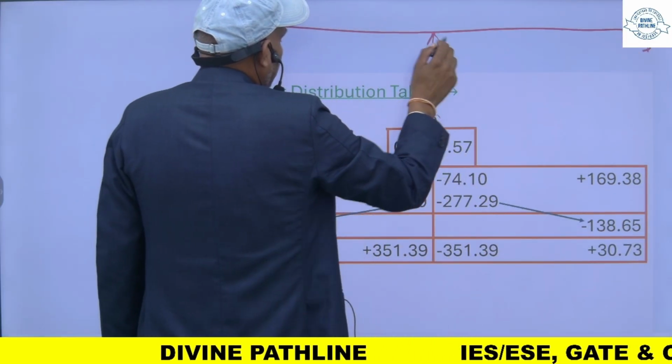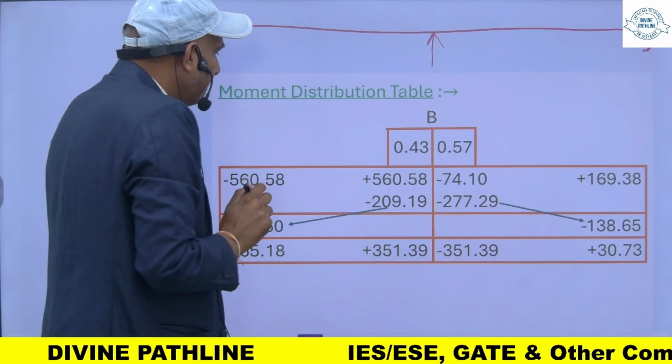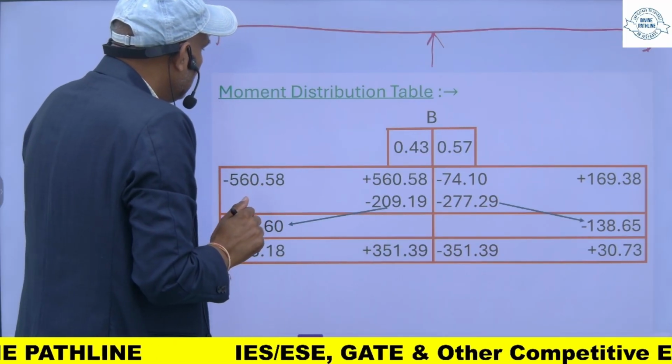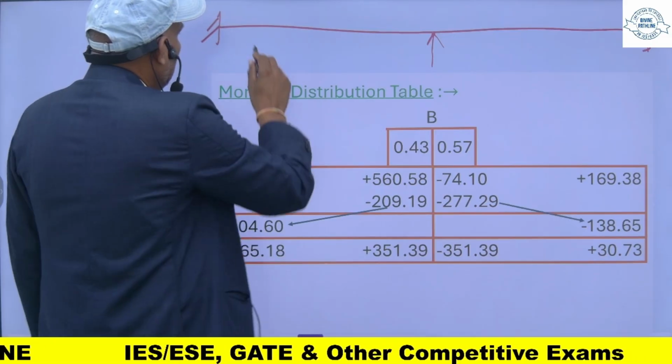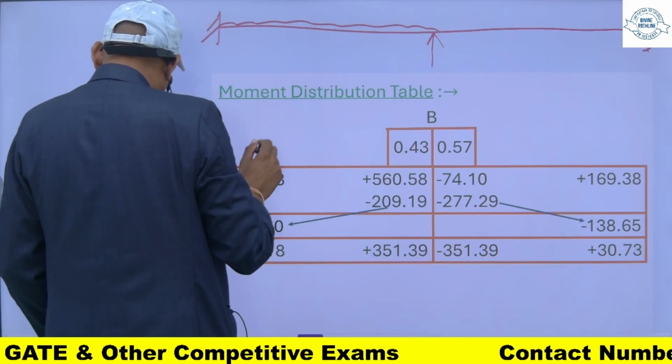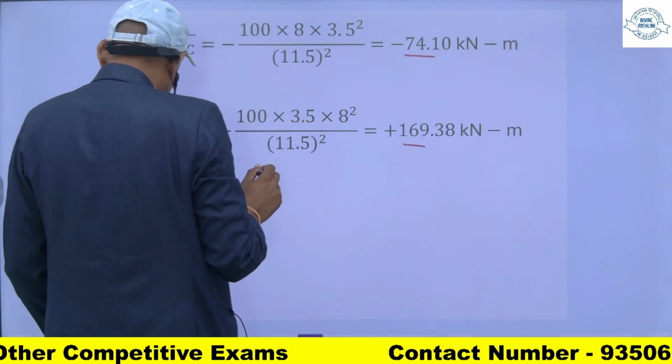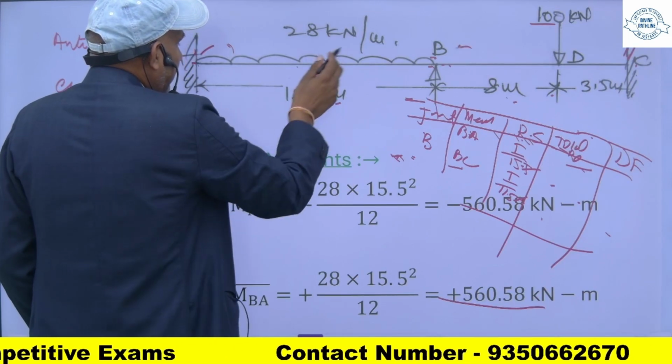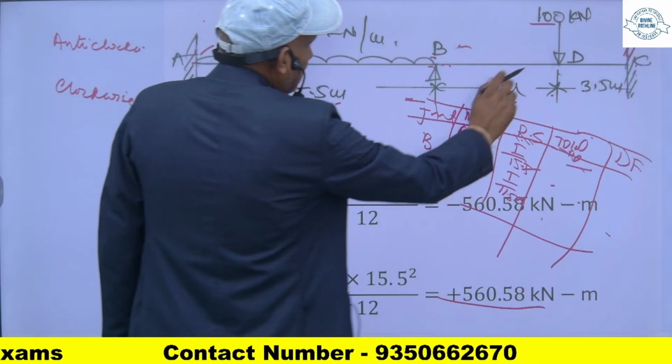This is the joint B. So there is a UDL at this portion, 28 kilonewton per meter, and this is 100 kilonewton.